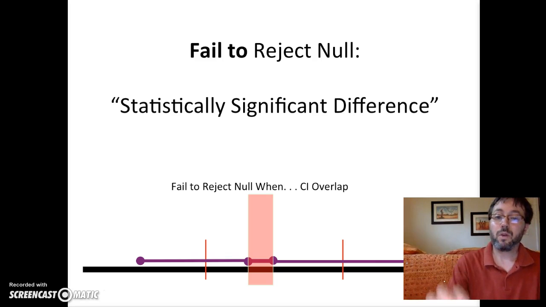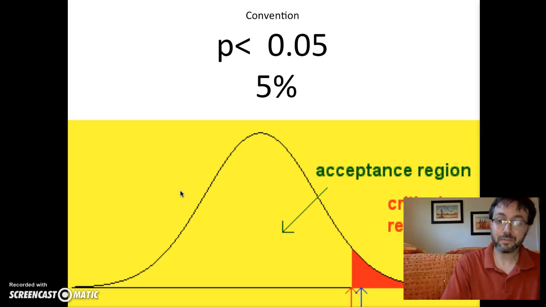So when the confidence intervals overlap, like these two do right here, we fail to reject the null, because the null hypothesis is that group A and group B are not different. So we fail to reject it, meaning we can't conclude that they actually are statistically different when their confidence intervals overlap.